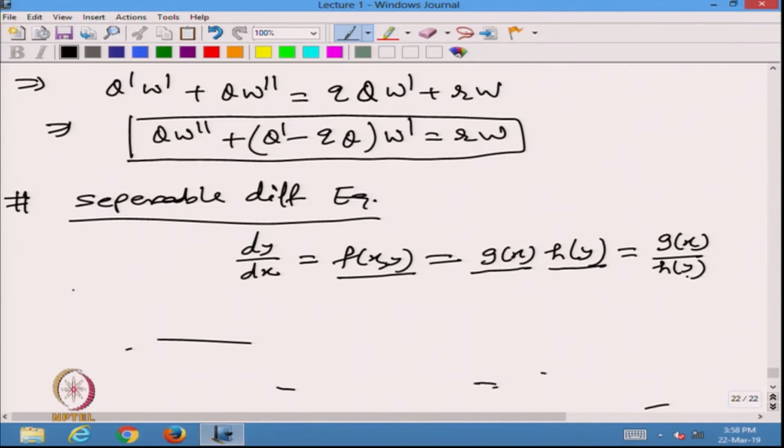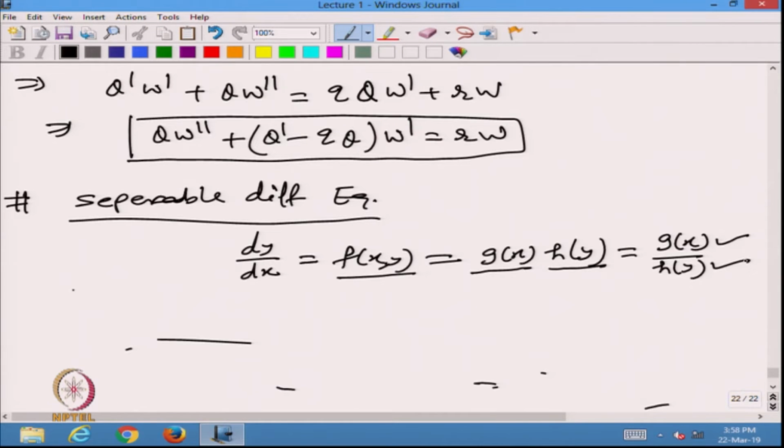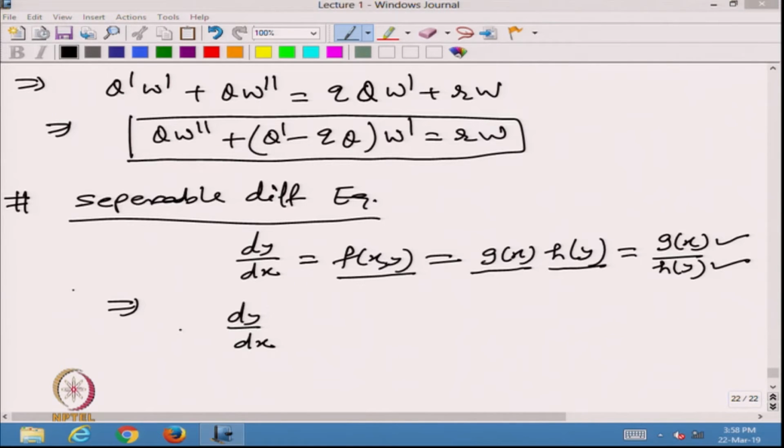In this case I am able to separate the function into a function of x and a function of y. I am not saying that this function f(x, y) is linear; it can be linear and it can be non-linear. So, once I have this form, I can multiply by h(y) on both sides and I will get g(x).